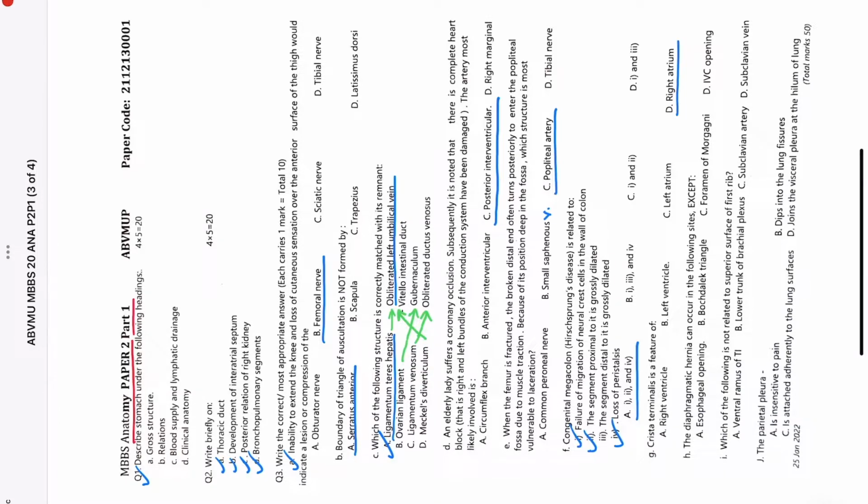Foramen of Morgagni is also called Larrey's space, just behind the sternal attachment of the diaphragm, through which the superior epigastric vessels pass down. So there are also chances of herniation. But the IVC opening is in the central tendon of the diaphragm, right? So the central tendon is a fibrous thing.